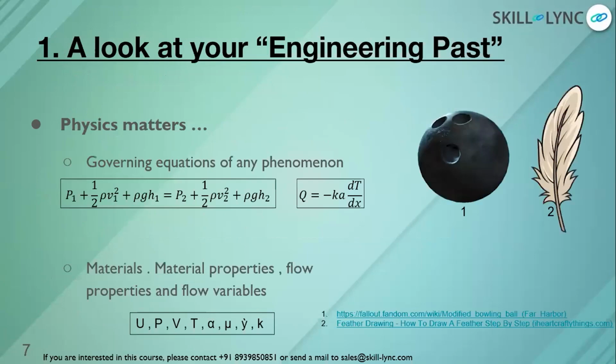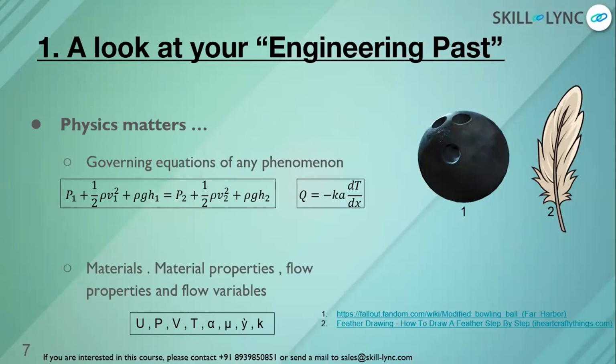Okay, so let's start with the first bit, which is your engineering past. I would like to talk about your engineering past on two aspects, or rather three aspects. The first of them is the physics of the matter. Over your 3, 4, 5 years of engineering, you would have heard about different phenomena and different governing equations.